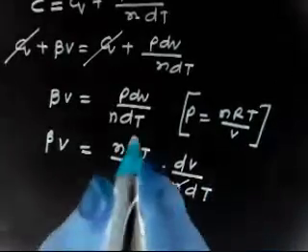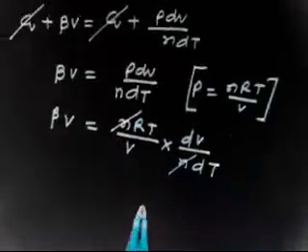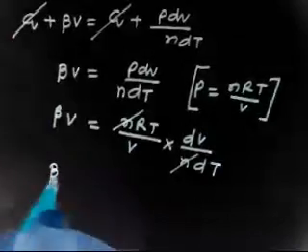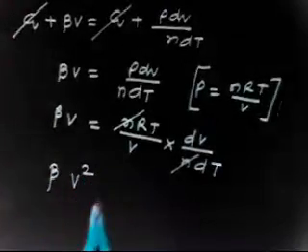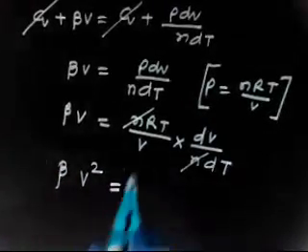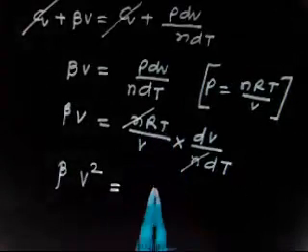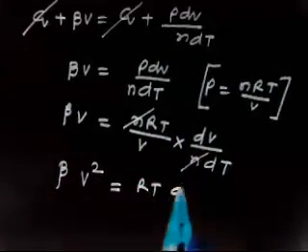So this n goes out, and you will have beta V square is equal to RT dV by dt.